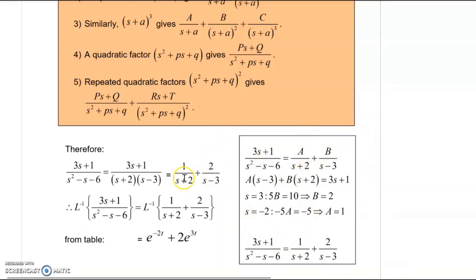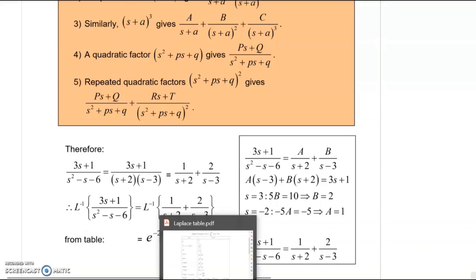The original term that you have here is equivalent to these two fractions. So finding the inverse of the original expression is equal to finding the inverse of these two new terms, but they are actually equivalent. We are not changing anything. We can see that this form is something that we have in the table of Laplace.